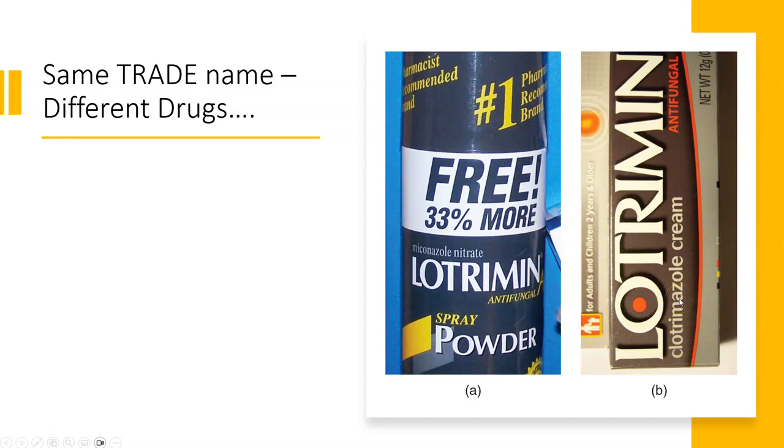Now, the other thing that's different here is the dose form. This is a powder and this is a cream. Other than that, it doesn't matter. Size of the container, that's not what we're looking for. We're looking for the obvious pieces. What's the same? Same brand name. What's different? Different generic drug. The powder is miconazole.